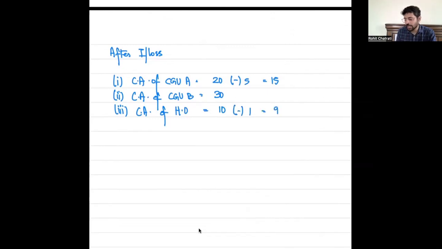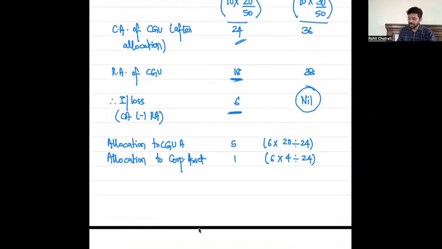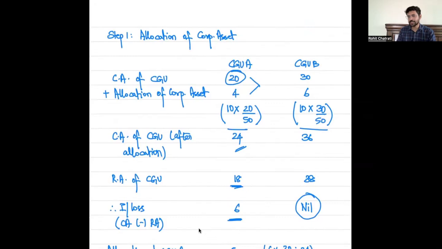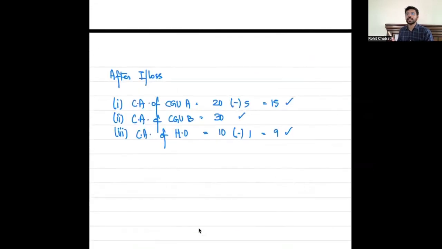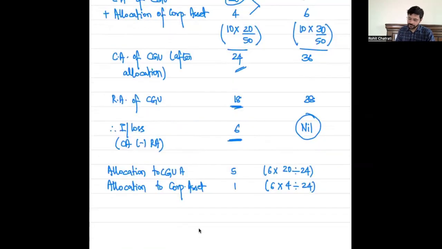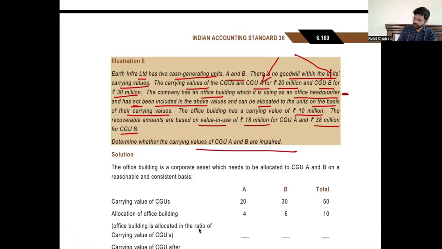All right, so the total carrying amount will be 15, 30, and 9. What we did is the 10 million was allocated to CGU A and CGU B in the ratio of 4:6. Of that 4 million, 1 million is impaired. So 3 plus 6 is the revised allocation, and the carrying amount of the head office quarters is now equal to 9 million rupees.